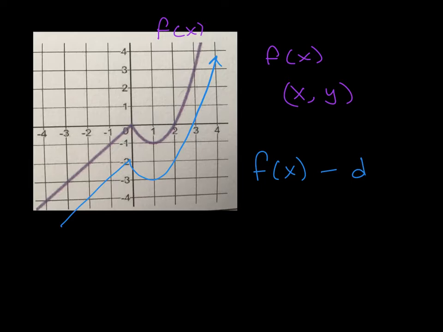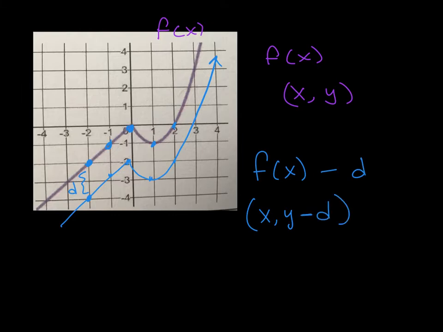So what is happening, again, all of my x values stay the same. Those x values everywhere on the graph all stay the same. They've just gone down by whatever that unit d is, whatever value I'm translating the piece down. So my x and y value from my original function stay the same, except that I now have to subtract whatever that d is.